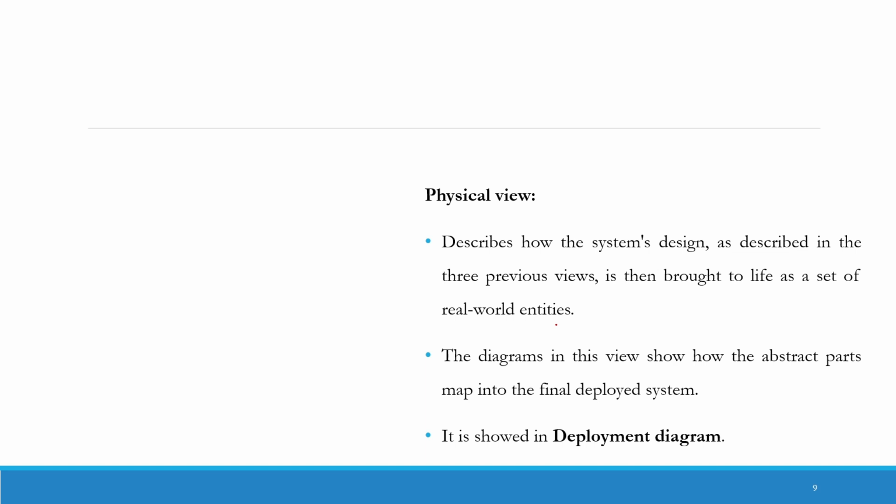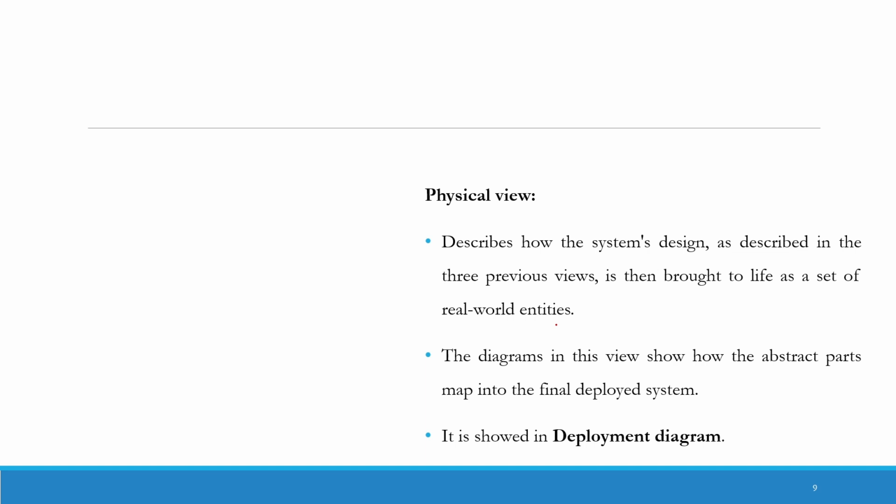The other view is the physical view. The physical view is related with the system design. Later on, the system will be implemented on a real-world machine, or installed on the user's real machine. So the physical view describes how the system is brought to life in terms of real-world entities.